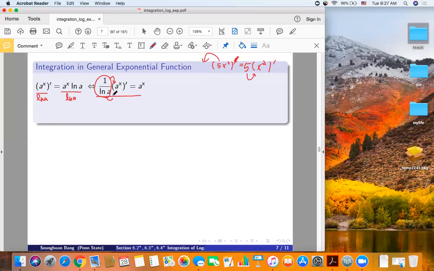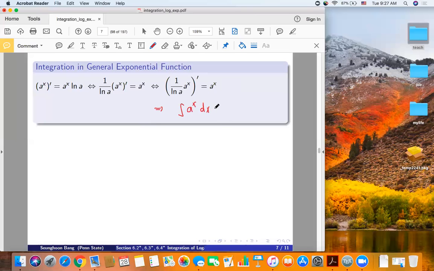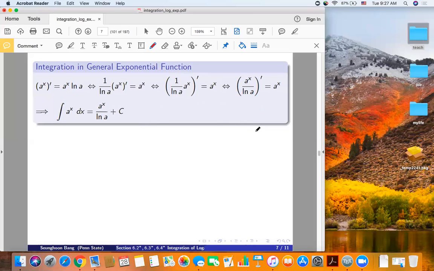So next, what is the integral of a to the x dx? Exactly, the antiderivative is 1 over ln of a times a to the x plus c. So that's it. We have this result.